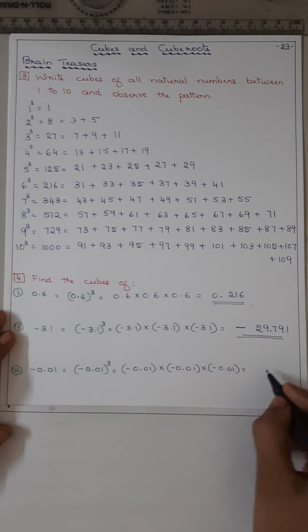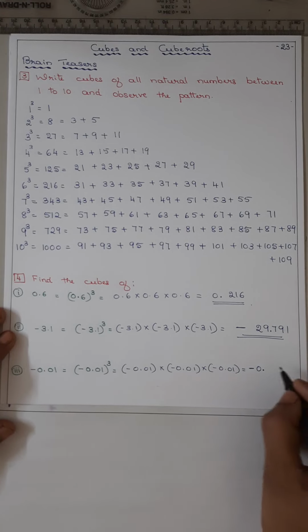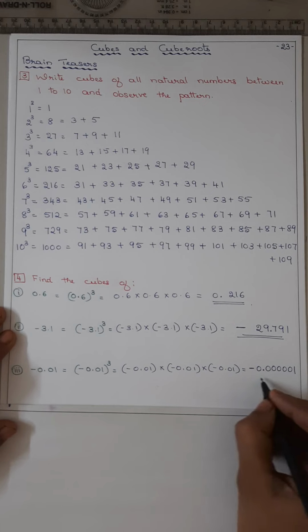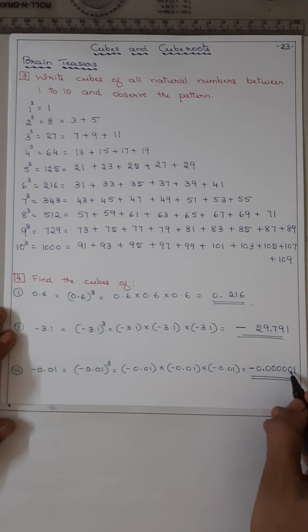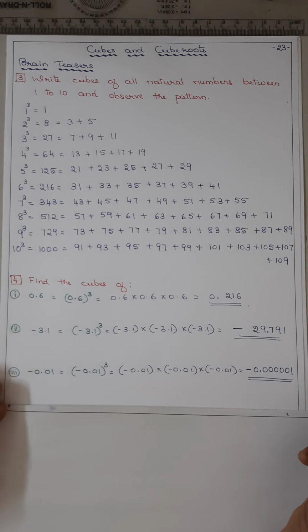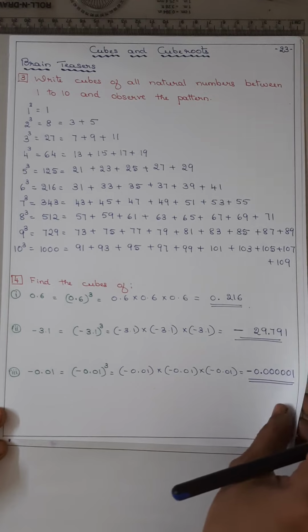So the sign is minus, 0 point, then 5 zeros we have to put, then 1: 1, 2, 3, 4, 5, 6. Is it clear? We have completed question number 4.